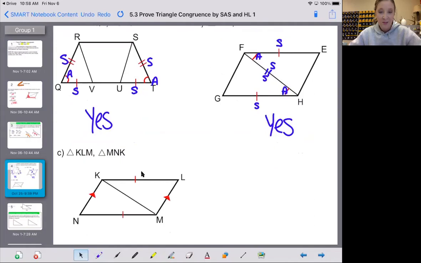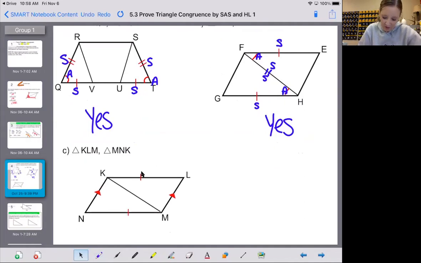All right. Ooh, letter C, this one's a little complicated. So we have triangle KLM, so K across to L, and then down to M. And then we have triangle MNK. So it looks like they're going in order, so that's good. Next, let's see if we can find some information here.